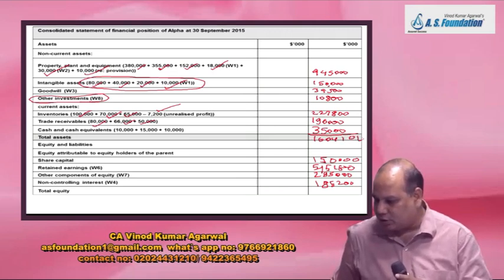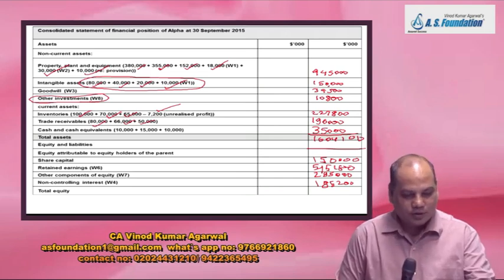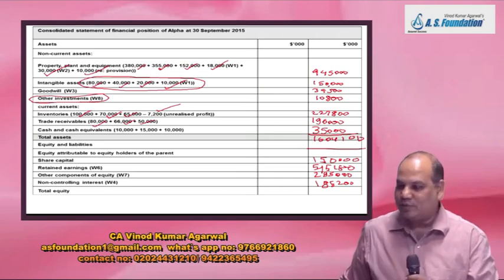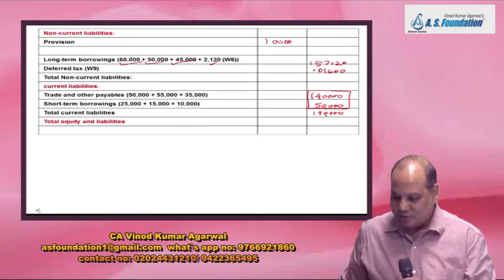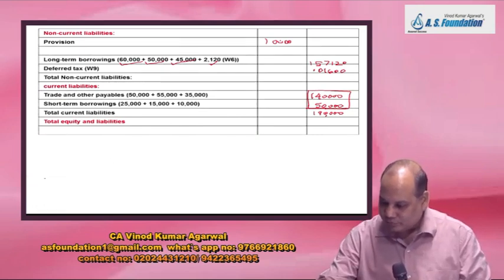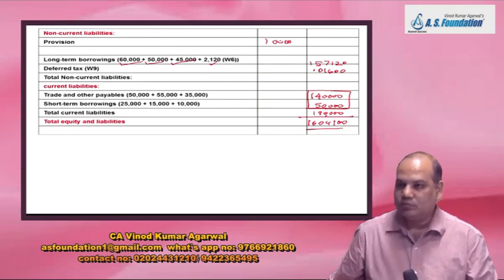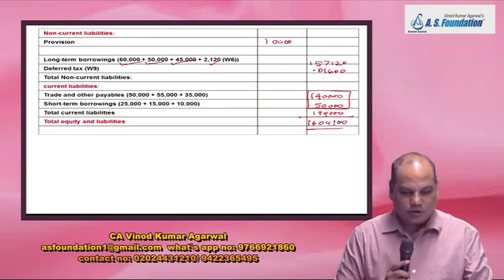Okay. Tell me the liability side total. Amazing. In one attempt only you are able to tally. 16,04,100. Okay, now we'll continue tomorrow.